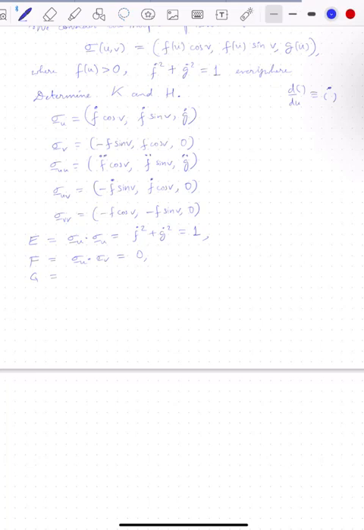Okay. Now g is equal to sigma v dot sigma v, and this comes out to be f squared. Likewise, now we have to determine the n vector, and the n vector is equal to sigma u cross sigma v divided by the norm of sigma u cross sigma v.